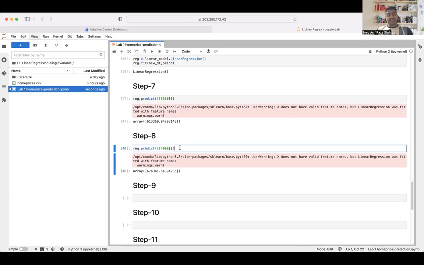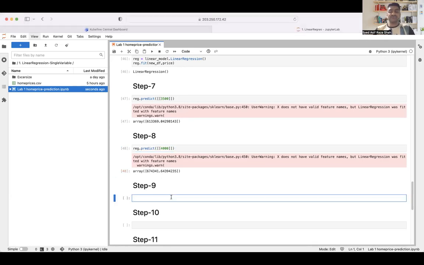So at the eighth step, you have to predict for the 4,000 given area. Now we want to see the coefficient value that it calculated based on the equation that we discussed before, by minimizing the error rate.